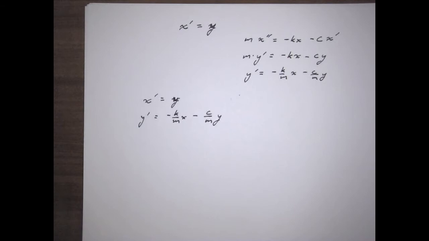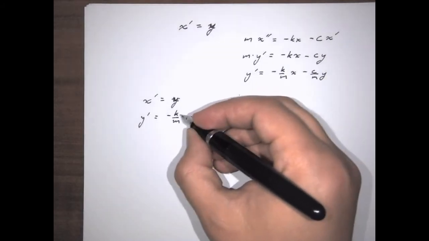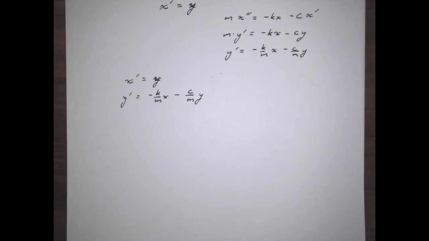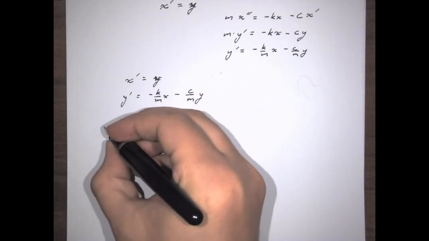So there's our system. And the behavior of it is going to depend on the relationship of the three parameters here of m, k, and c. But I want to make a quick note beforehand.